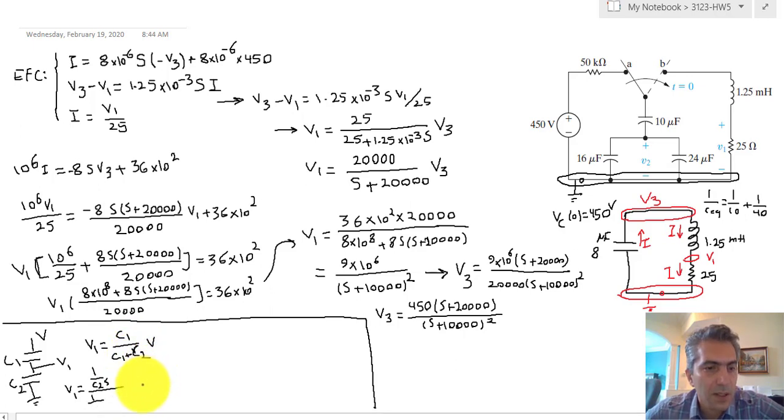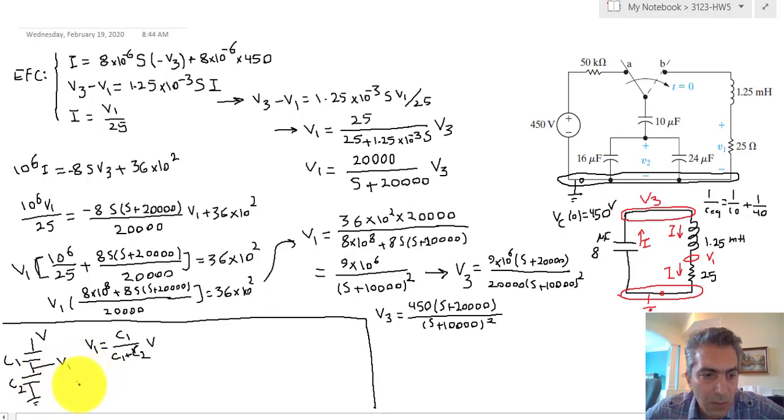So that said, now that I know the voltage across the combined equivalent of all capacitors is this equation, I can simply find out what V1 is by multiplying by the ratio of these two capacitors. So C1 is the 10 microfarad there, and C2 is the parallel combination of the two, which is 40.